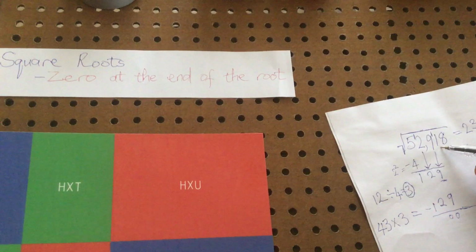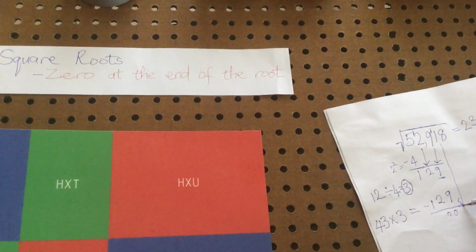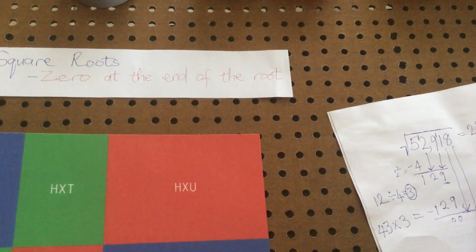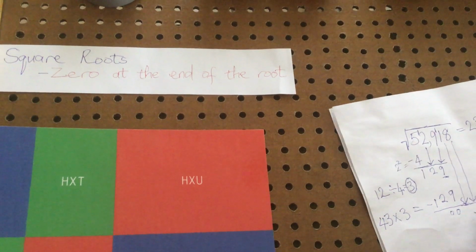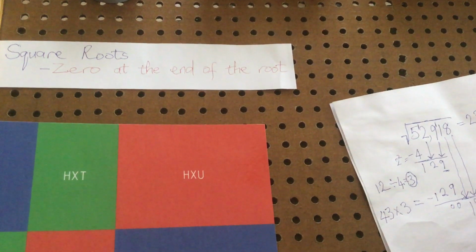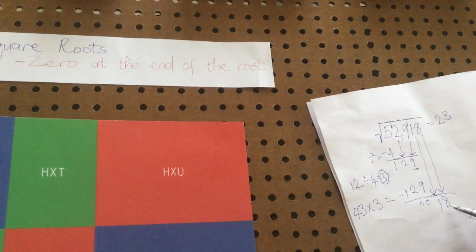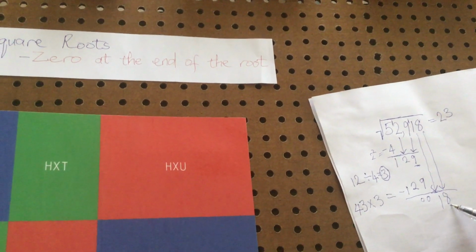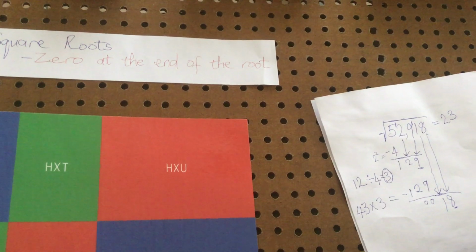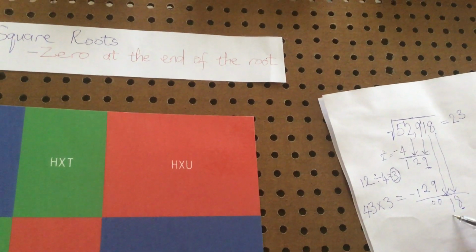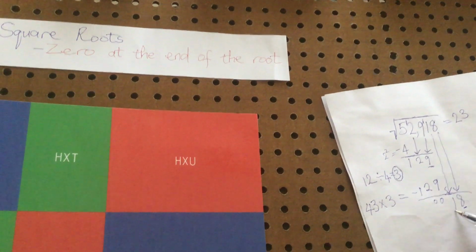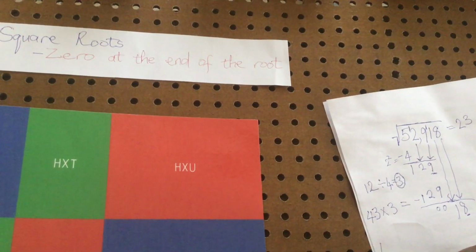So we bring down the next period, which will be 18. So we leave this out that we are going to need for our last square, and bring this here, 1.